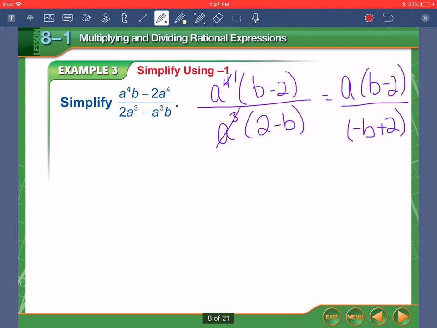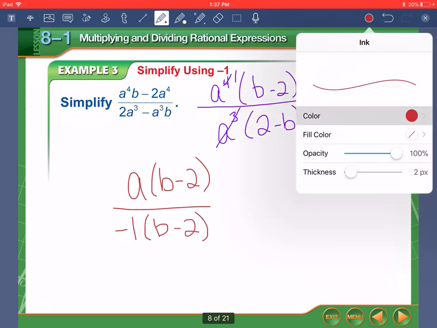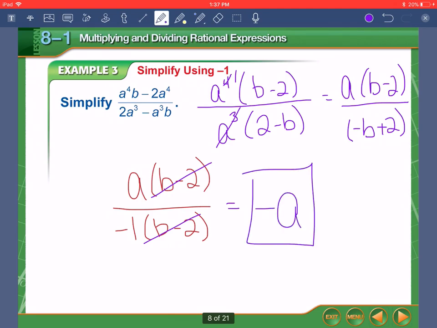So I can say it's a times (b minus 2) over, I can factor out a negative 1, and then this becomes b minus 2. Now I've got the same factor in the numerator and denominator, so I can knock that off. And then a divided by negative 1 is just negative a. So I simplified that entire expression down to just negative a.